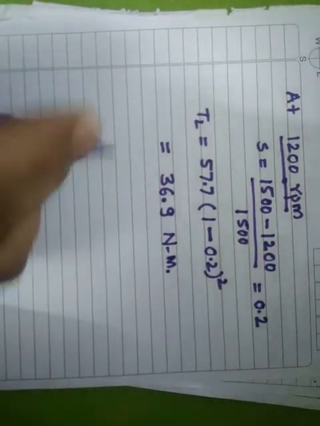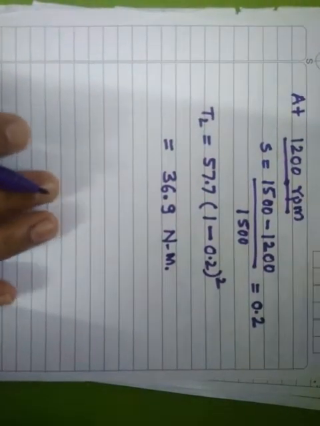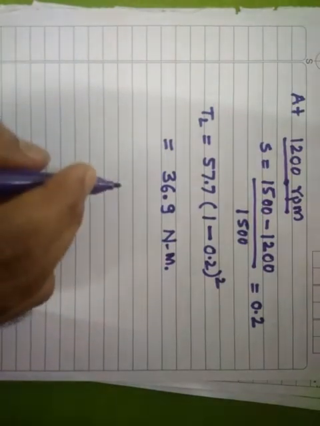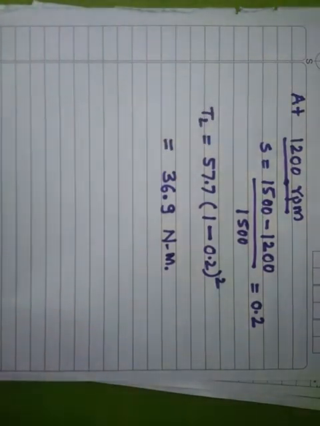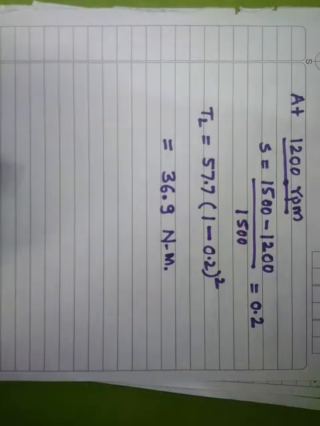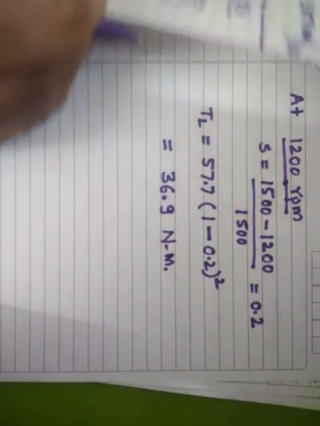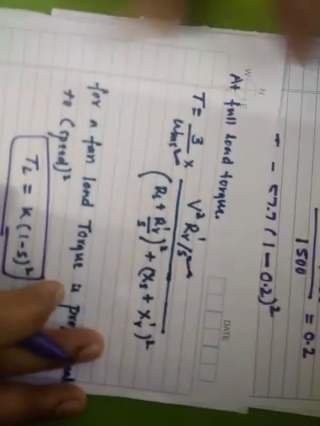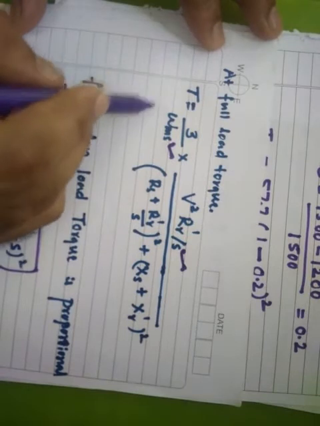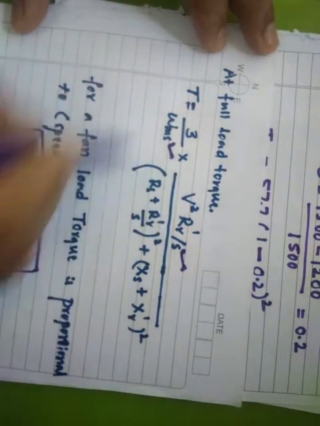Okay, so next I am going to calculate the terminal voltage when the speed is 1200 rpm. Again I am using the same basic equation which we first used here. This equation once again I will show you. I am substituting all the values I know.